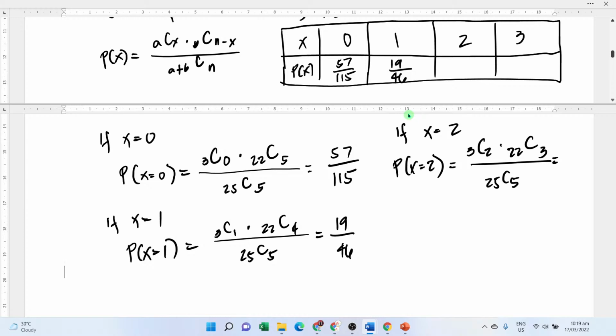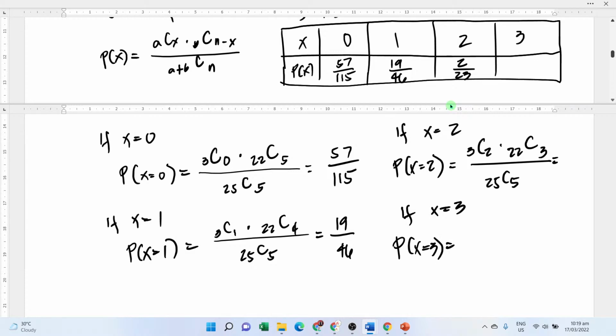So we have 22 combination 3 and 3 combination 2. In here, my answer is 2 over 23. Do we have the same? Mingito, do we have the same, 2 over 23? Yes po, sir.